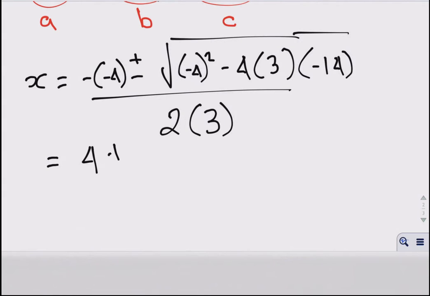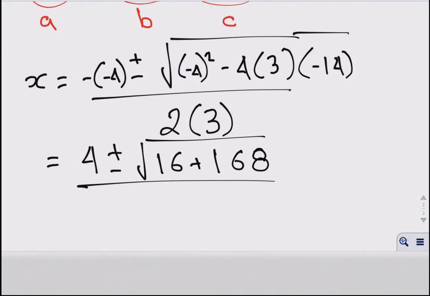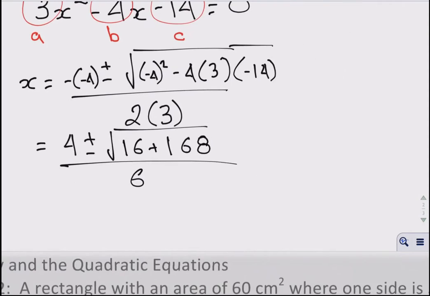Now it's time to crunch some numbers. 16 plus 12 times 14, which is 168, all over 6.